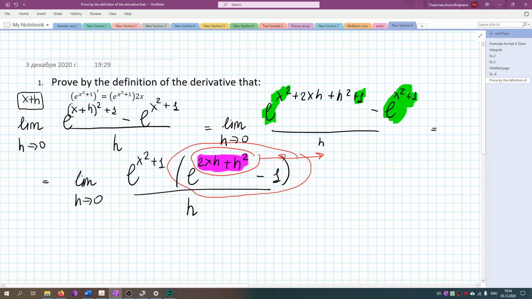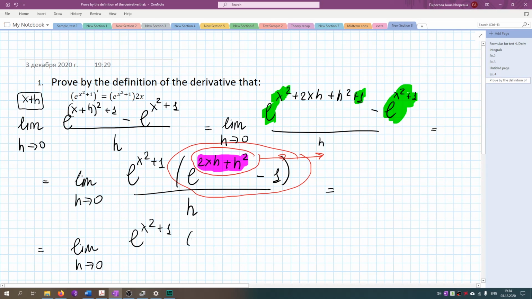So now we will rewrite the limit again: e to the power of x squared plus 1.